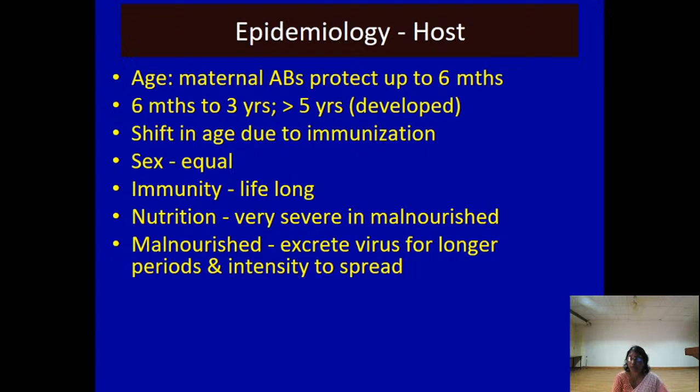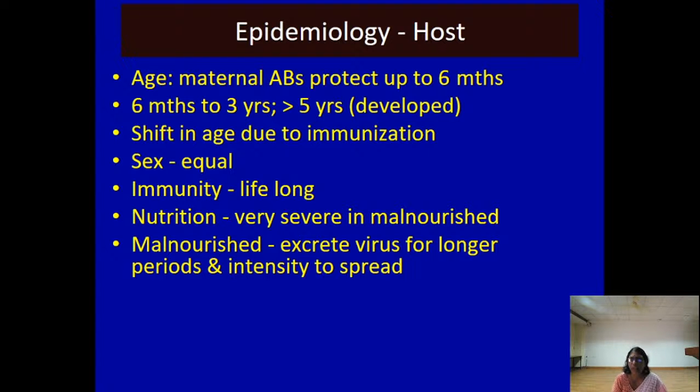In the developed countries, immunization starts from an early age, like 6 months, up to 3 years, and less than 5 years, up to 5 years also, there is a chance for the child to get vaccinated. After immunization, they found that there is a shift in the age of measles.